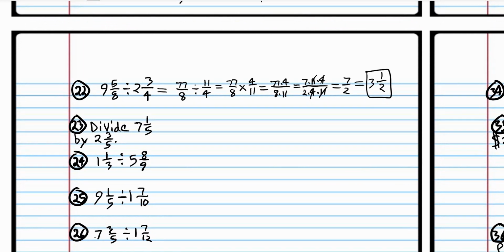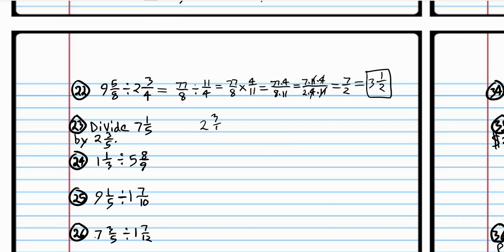Divide 7 1/5 by 2 3/5. So make sure you do it correctly. Don't divide 2 3/5 by 7 1/5. Wait, I keep saying it the wrong way and writing it the correct way.